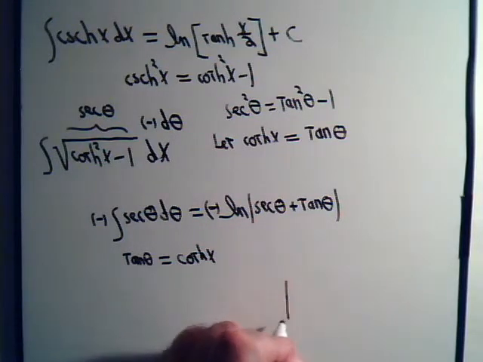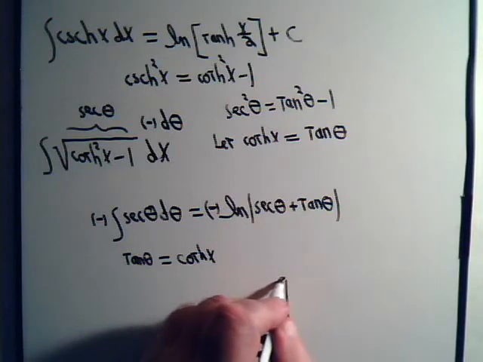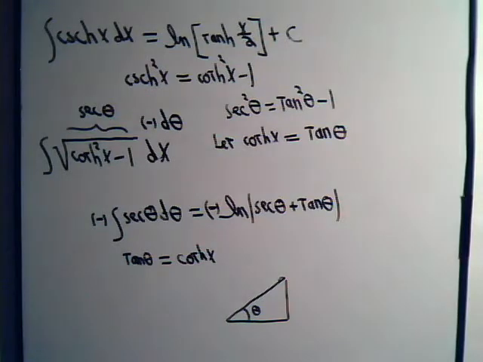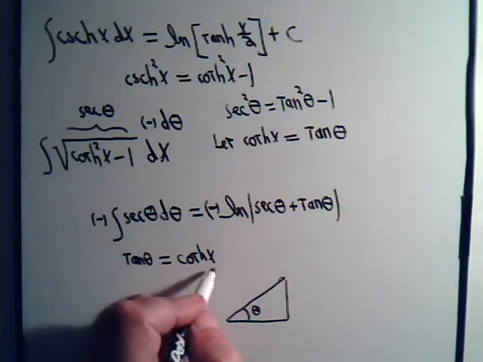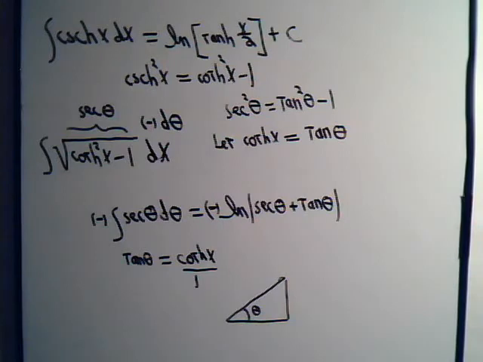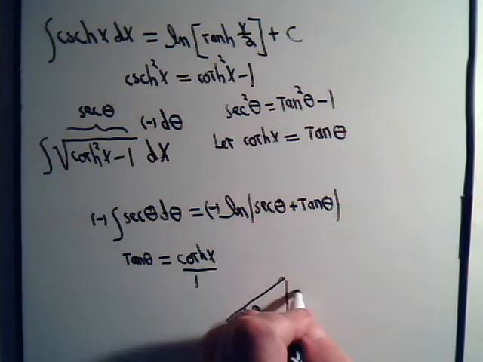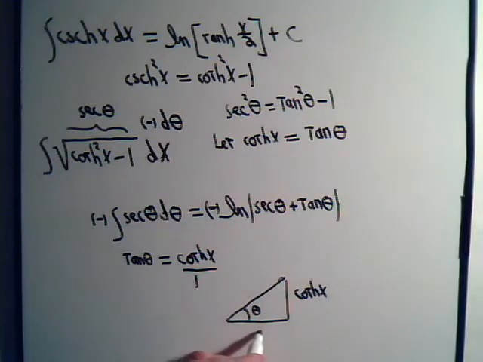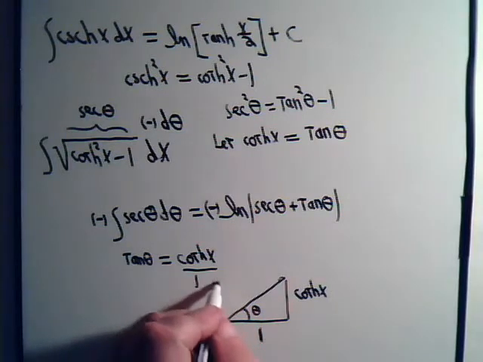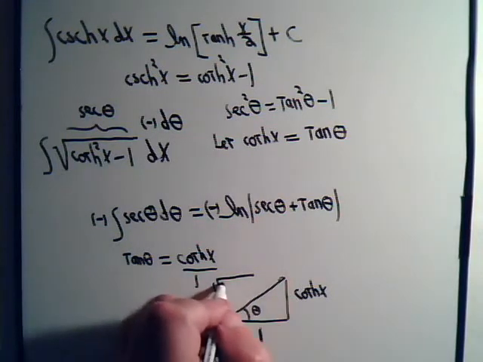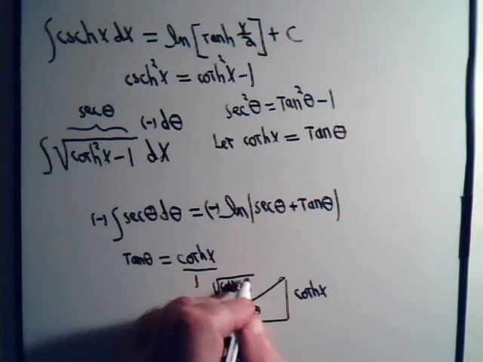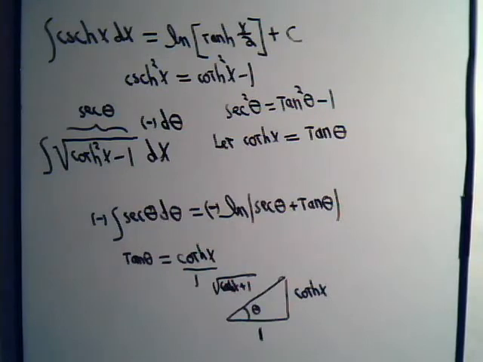So when we draw the triangle, and here's theta, the tangent of theta equals this divided by 1, and the tangent of theta equals the side opposite divided by the side adjacent. So the hypotenuse here is just going to be the square root of this squared plus 1.